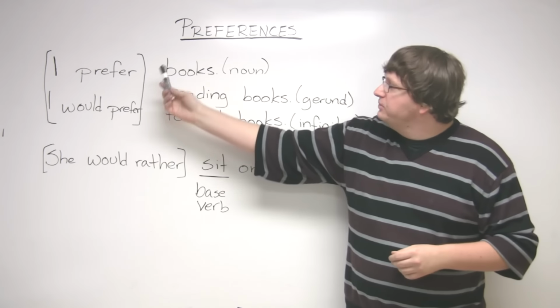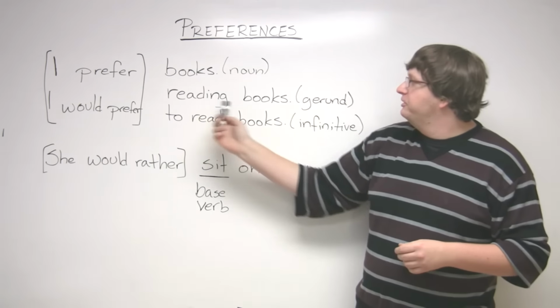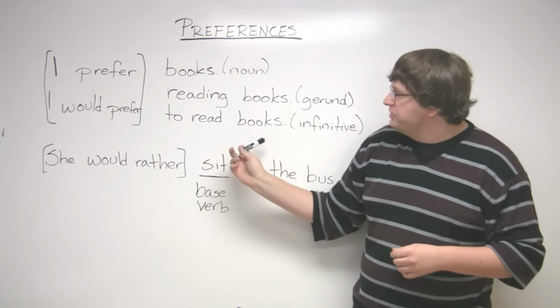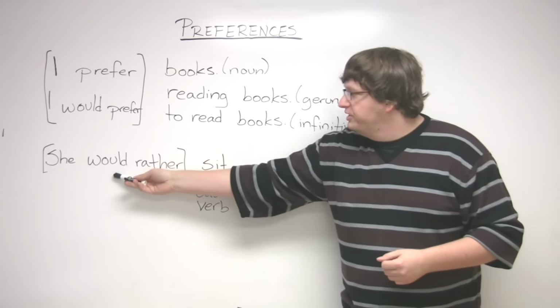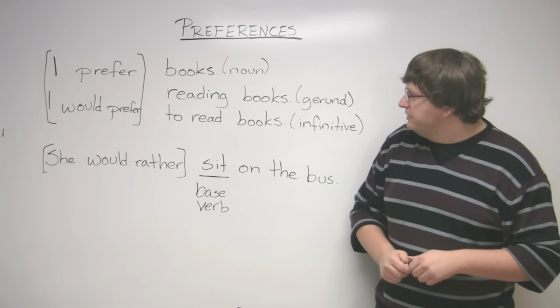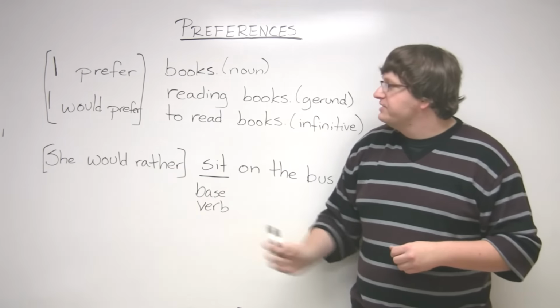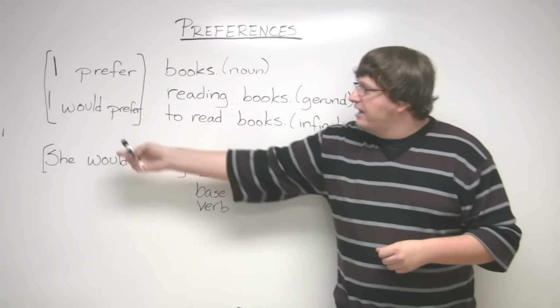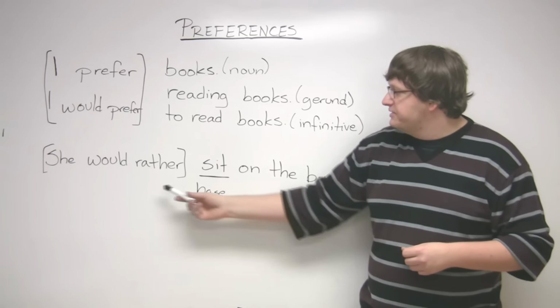So for example, again, you can use the same formula. I would prefer books. I would prefer reading books. I would prefer to read books in this situation. Okay, what about would rather? She would rather sit on the bus. So would rather does the same thing as would prefer, except the formula is different.